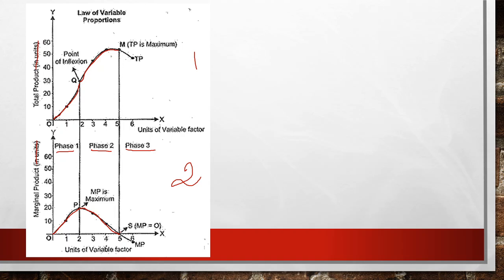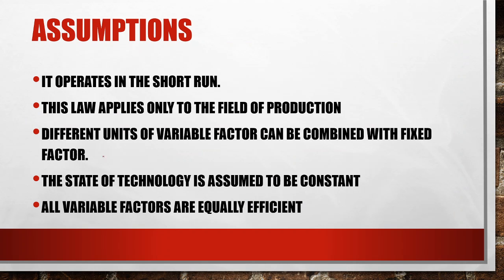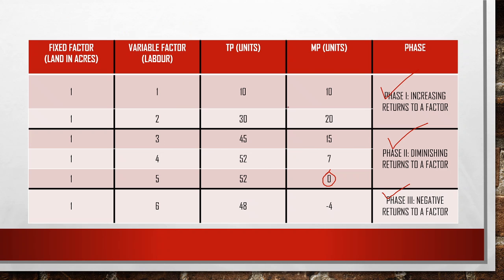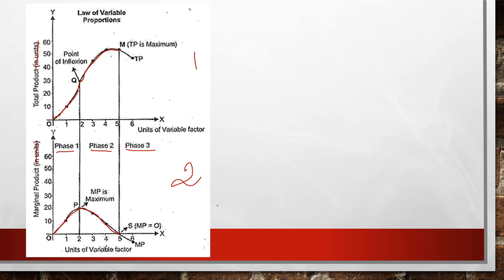In the third phase you can see that TP falls to 48, okay? Here TP takes this turn and falls, and along with it MP becomes negative.